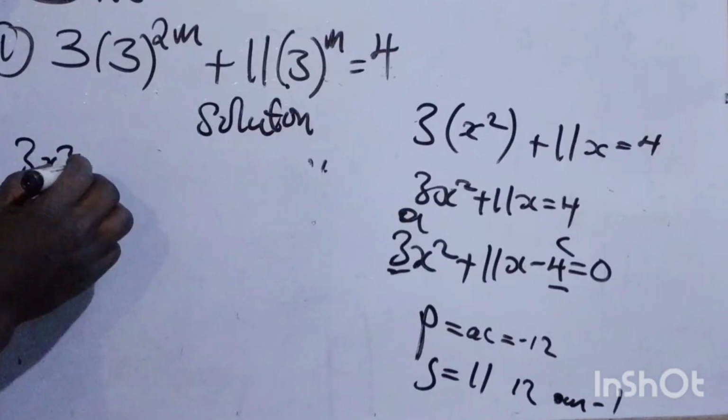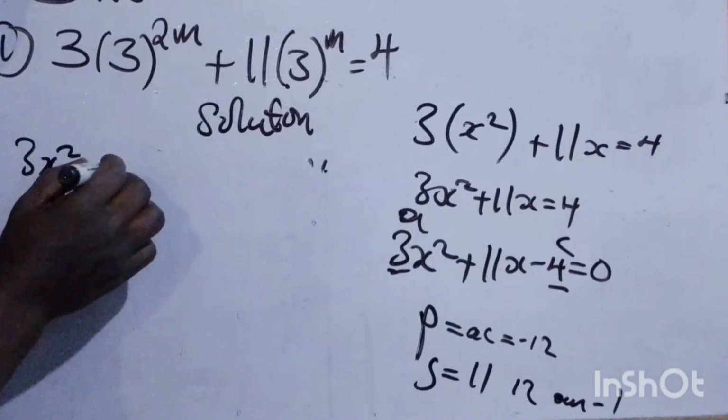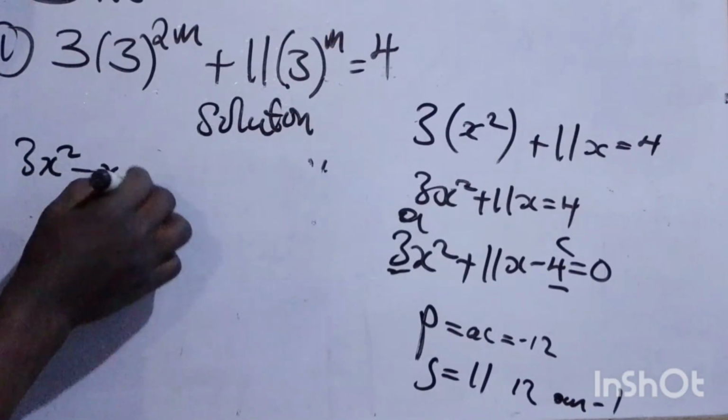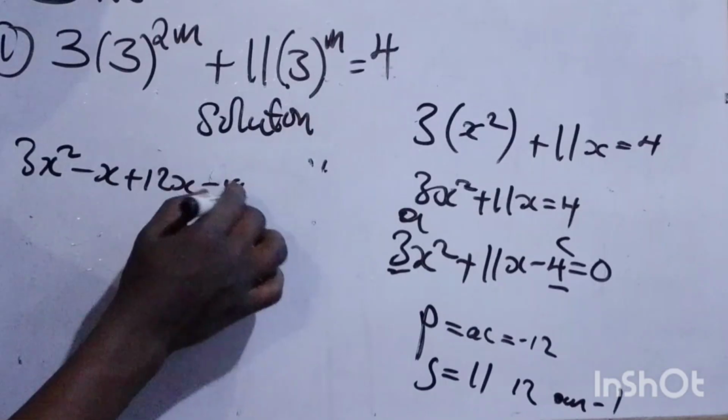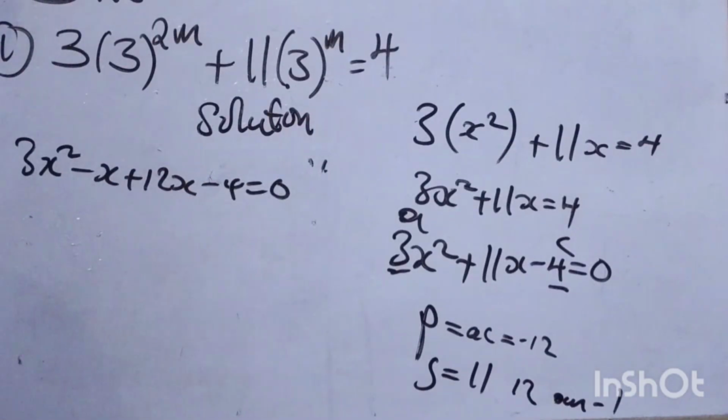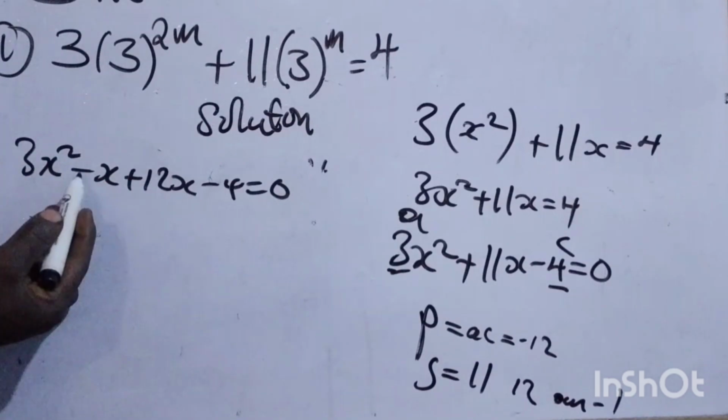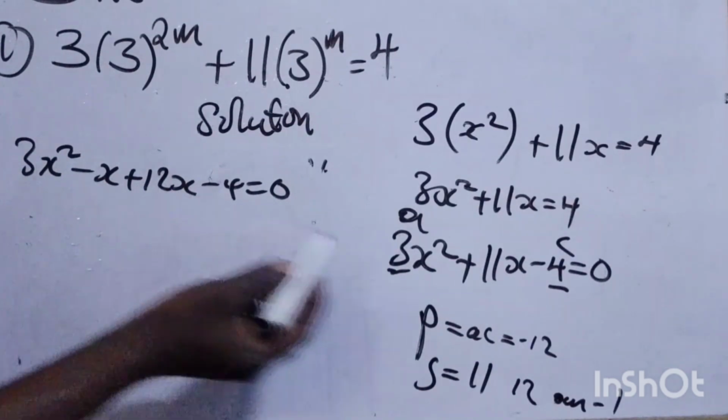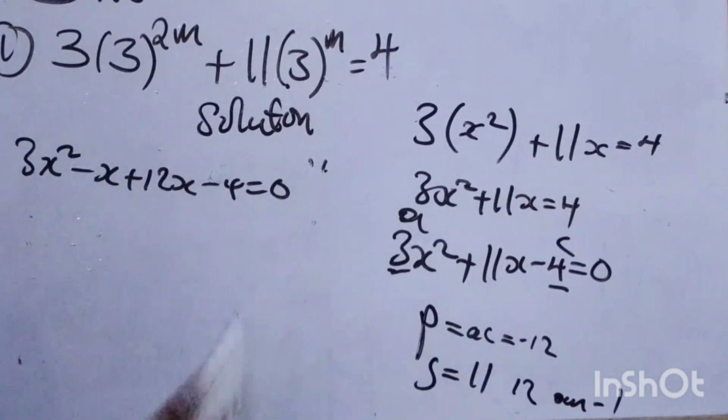So we have 3x squared minus x plus 12x minus 4 equals 0, because negative x plus 12x gives 11x.